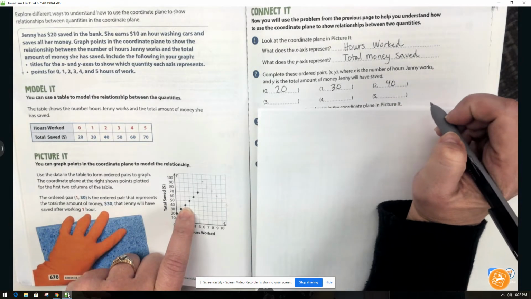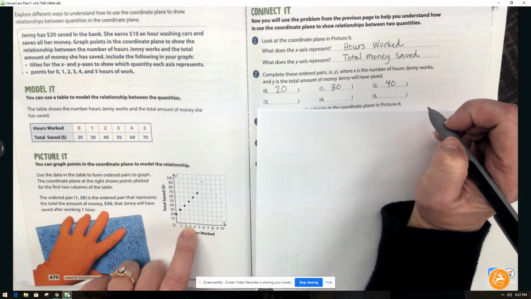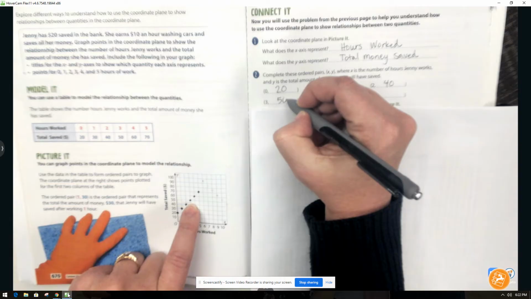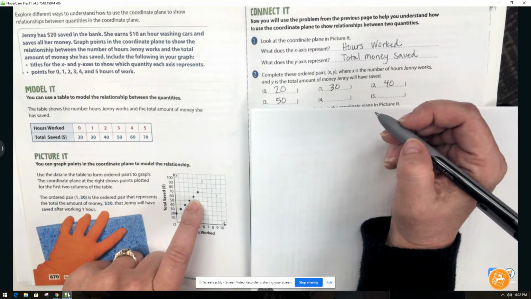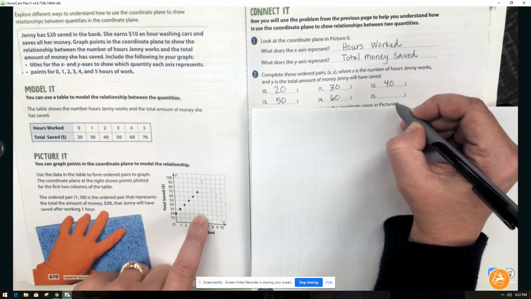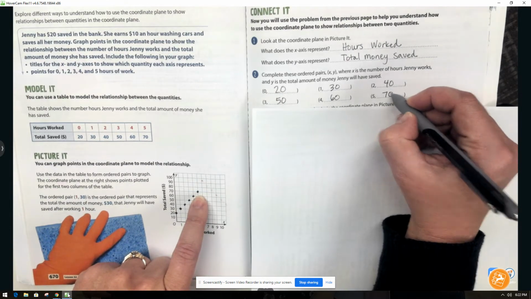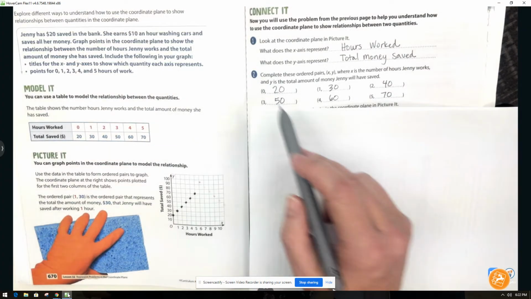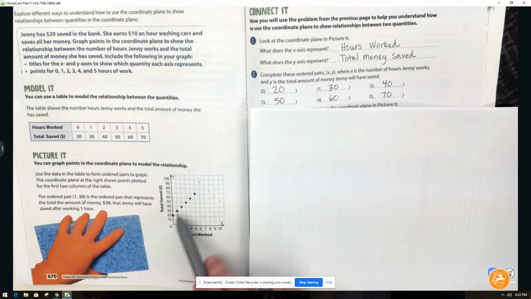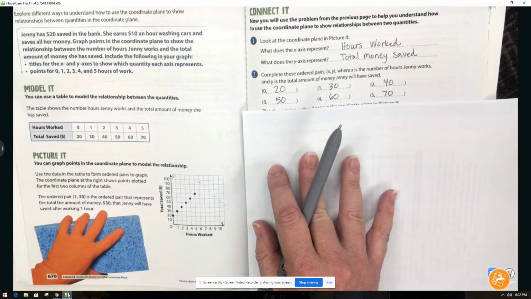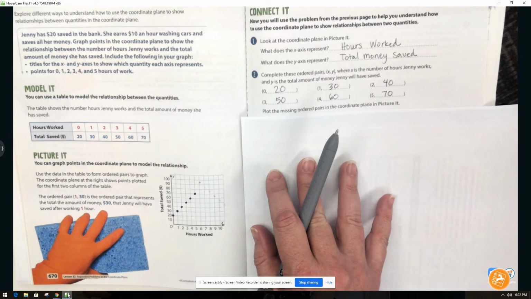I bet you can see the pattern now. If our x-coordinate is 3, we have $50. If our x-coordinate is 4, we have $60. And if our x-coordinate is 5, we have $70. So as you can see, these are all of the ordered pairs for the points that we plotted in our coordinate plane.